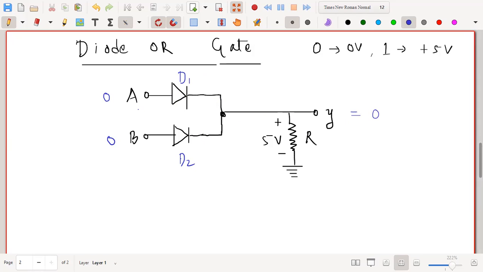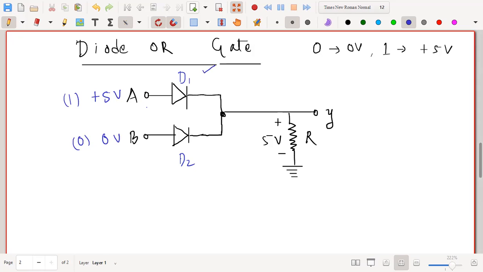Now let us see the case when any one of the inputs is high. So let me apply plus 5 volt here and 0 volt here. That means I'm giving a binary 1 here and 0 here. Now you see that at input A, I'm applying plus 5 volt. That means this plus 5 volt will forward bias this diode.